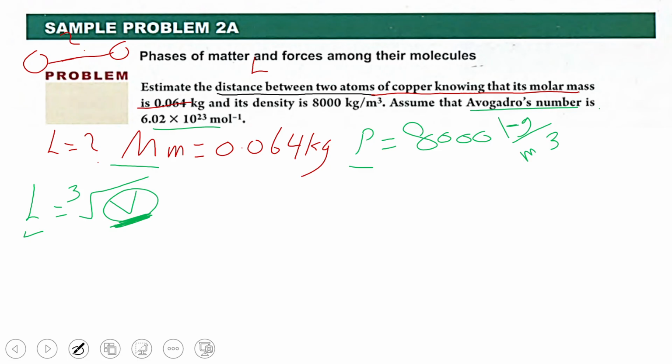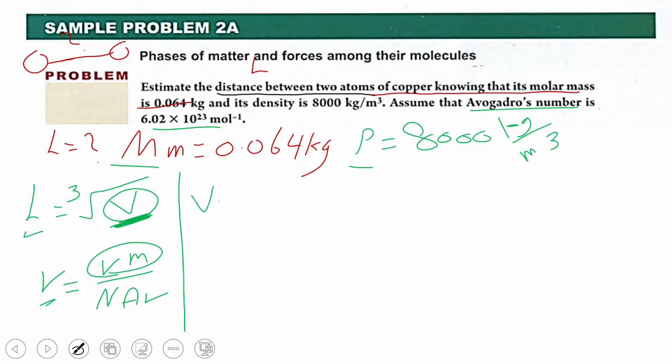So what was the rule for V alone? V equals Vm over Na. Find V, then put it in here. But we have another problem: we have the Avogadro number, but we don't have Vm. So we have to go back to the first rule, Vm equals molar mass over density.